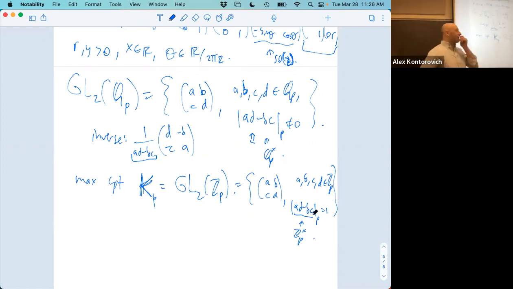It's like GL2Z, where the determinant has to be plus or minus 1, a unit in the integers. Here, this thing has to be a unit in ZP. To be a unit in the field, everybody's invertible except 0. Okay, so let me just make that little observation.